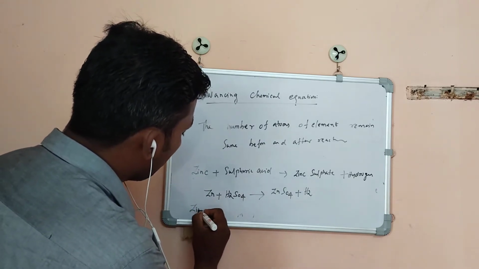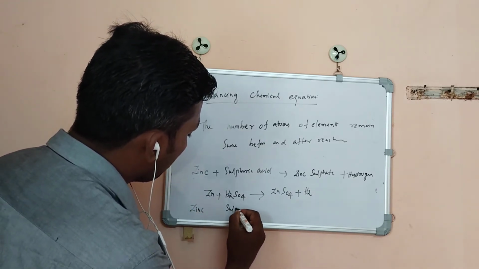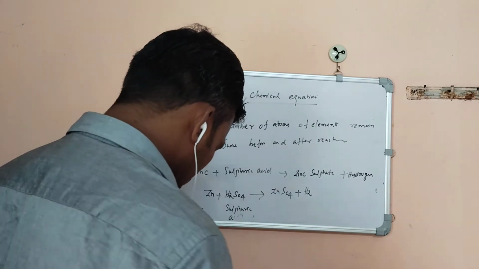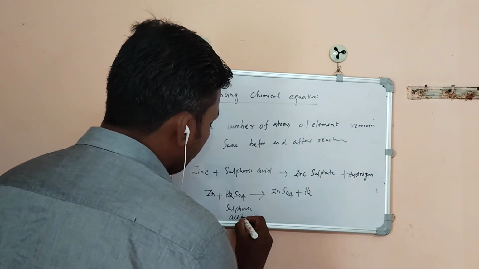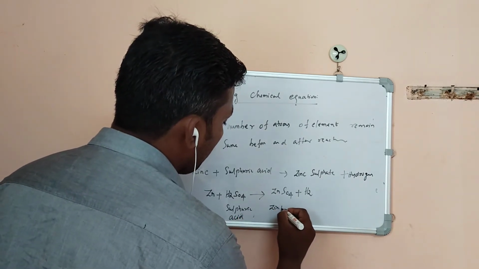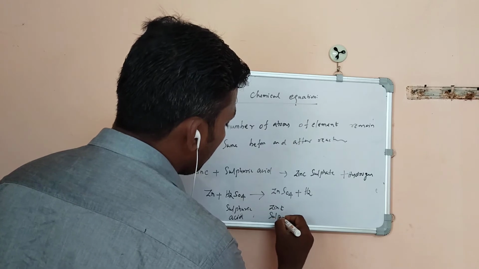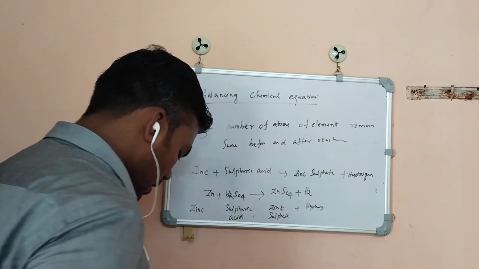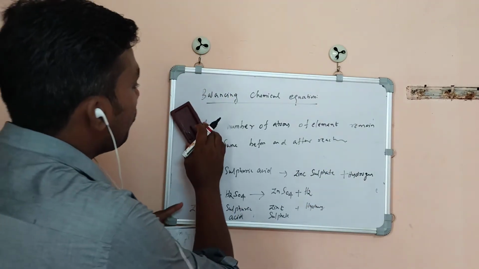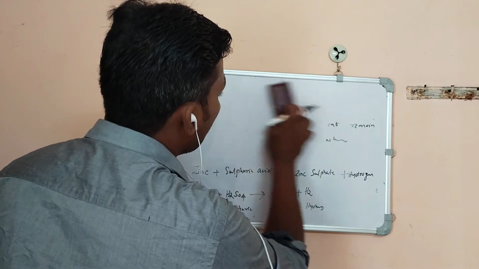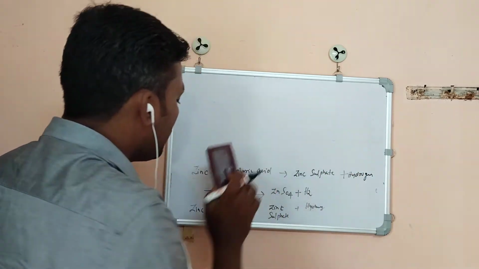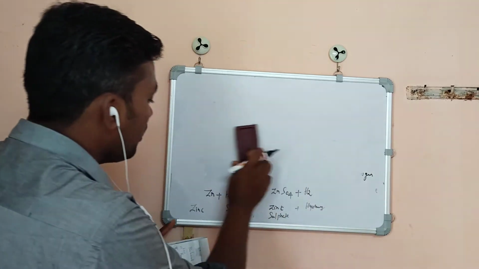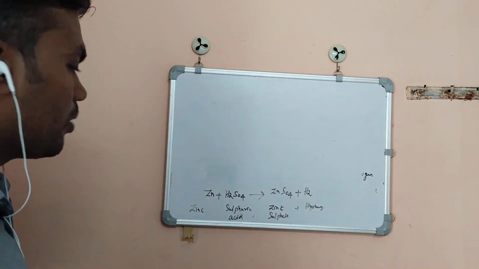This is zinc, this is sulfuric acid, this is zinc sulfate, this is hydrogen. Okay, hydrogen. Now you can count the number of atoms present in both the reactant side as well as the product side.